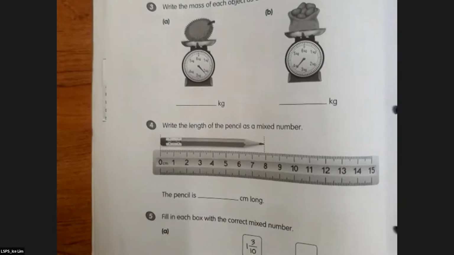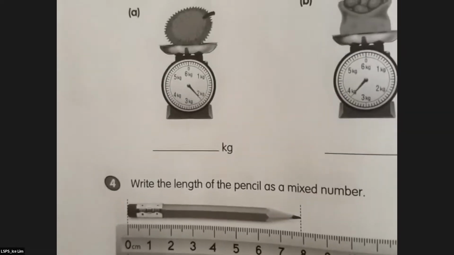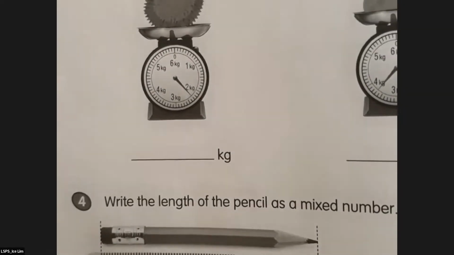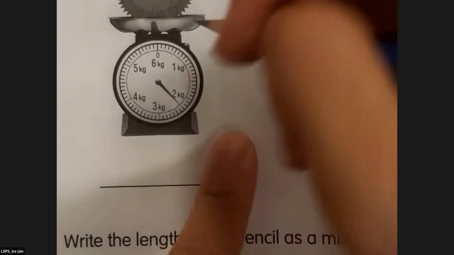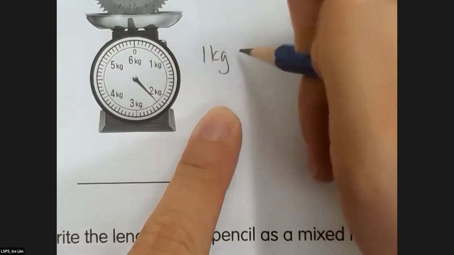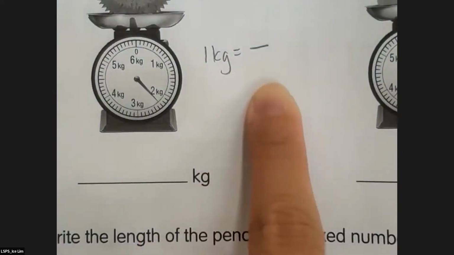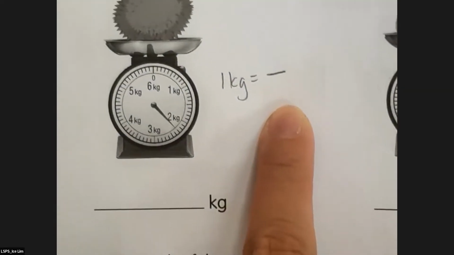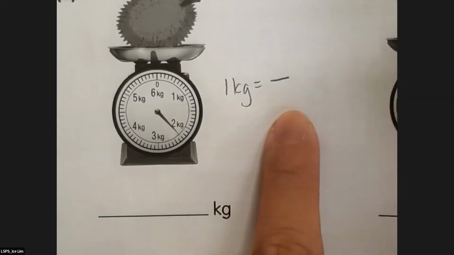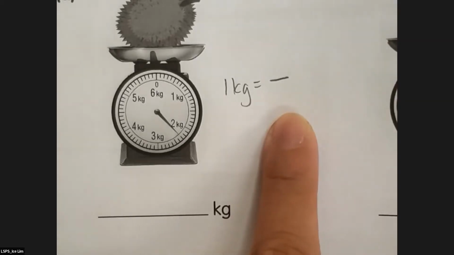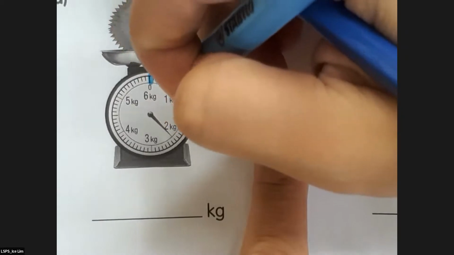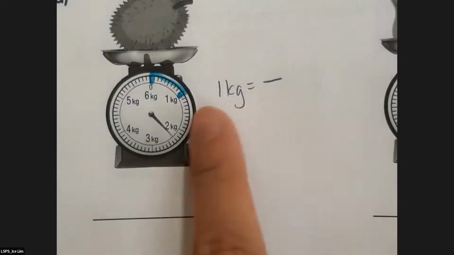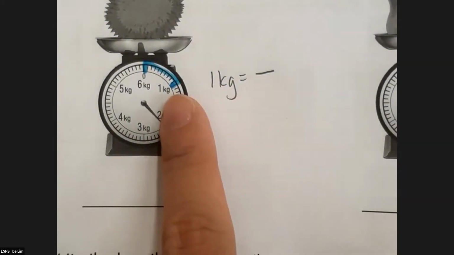And then we have centimeters as unit of measurements. So can you tell me 1 kilogram is how many parts? How many parts?